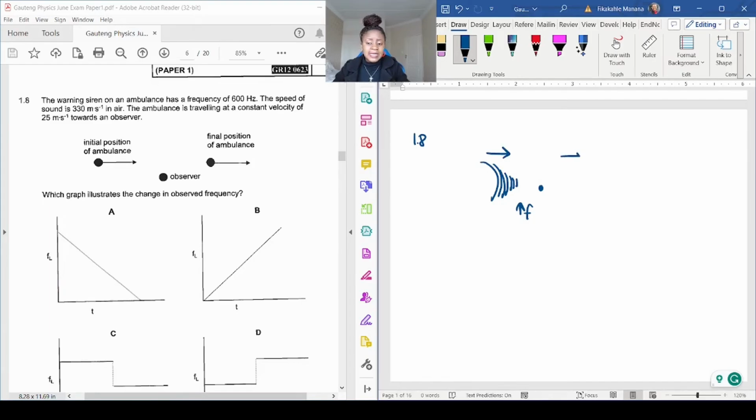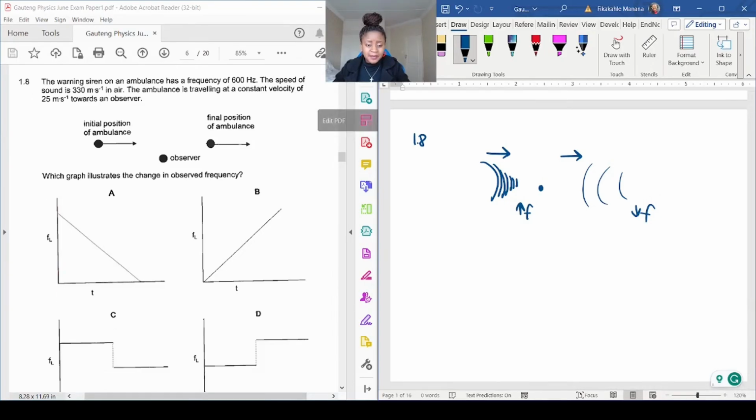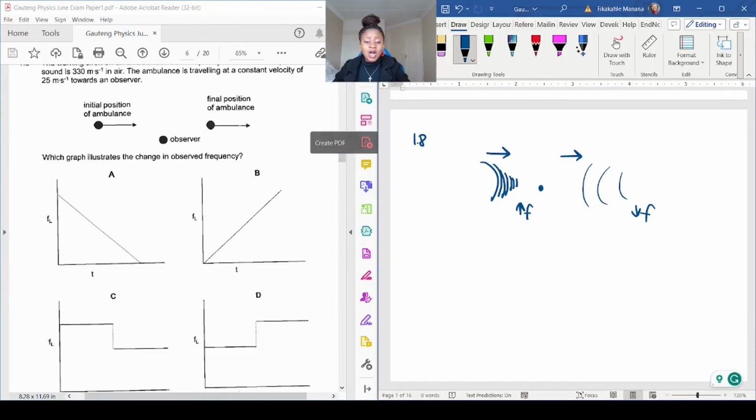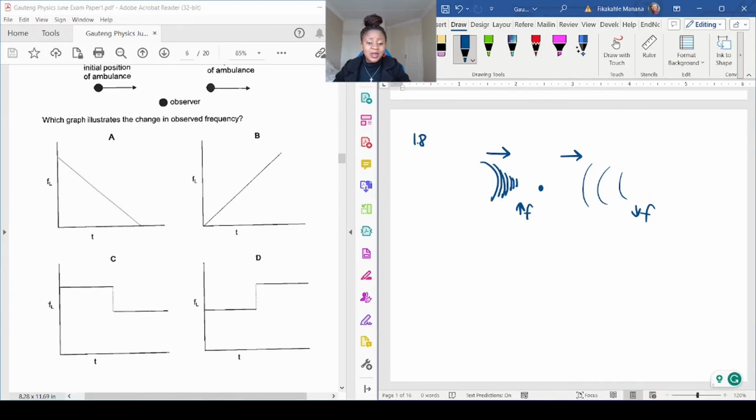And then as it leaves, final position of the ambulance, well, the waves start getting bigger again, so the frequency is actually much less. All right, so now it says, which graph illustrates the change in observed frequency? All right, so is it a constant decline that you start hearing it as a loud sound and then over time it just gets less until you don't hear it any longer?